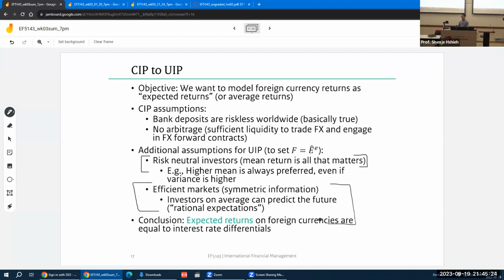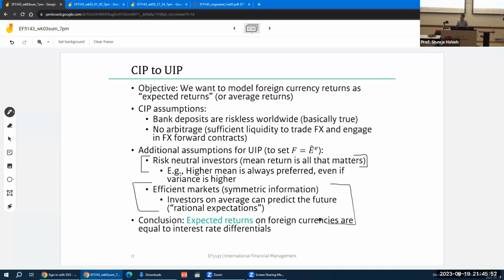All information is consolidated in the markets and reflected in the prices, and therefore, based on the idea of rational expectations, meaning that our beliefs on average are correct, then we can forecast future spot exchange rate without engaging in F, assuming we're risk neutral, right? We don't care. All we care about is averages. We don't care about risk.